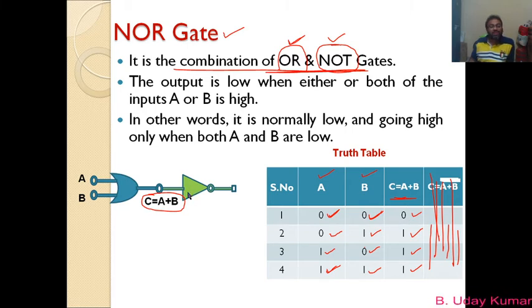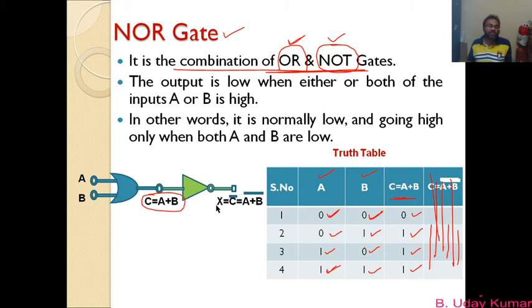So if C is the input of the NOT gate, the output of the NOT gate becomes C bar, because it is an inverting gate. Whatever value you apply at the input, the output will be its inverse, its complement. Since I have taken the input of the NOT gate as C, we get the output C bar.